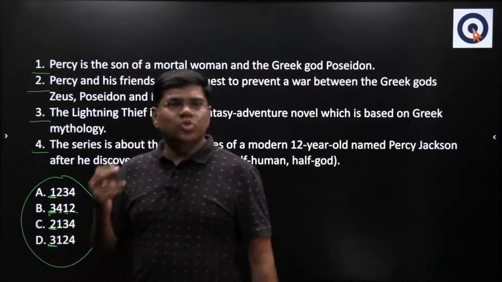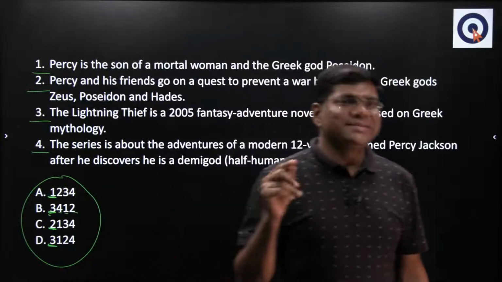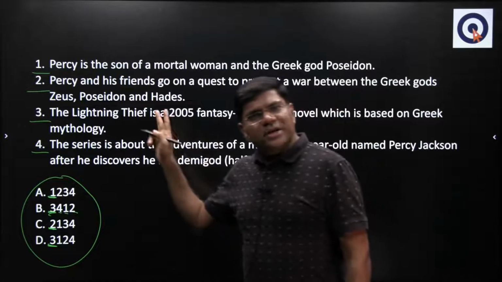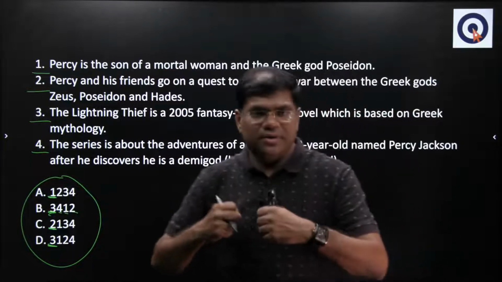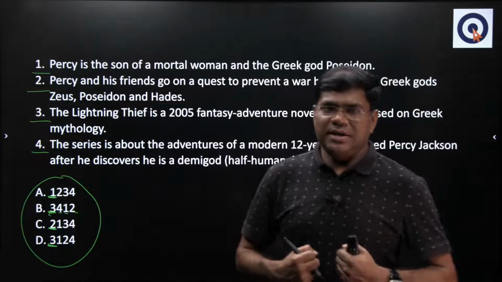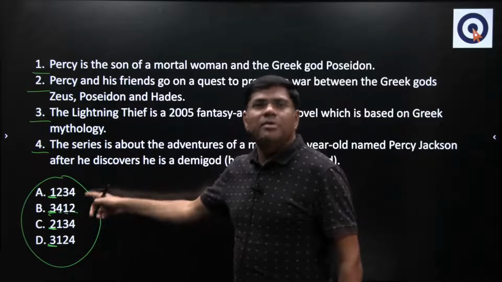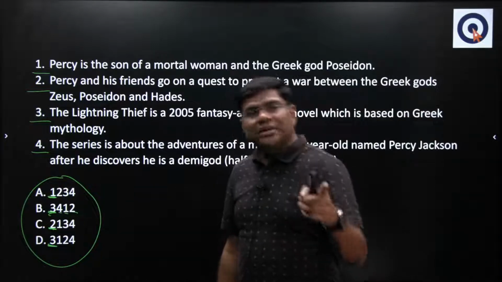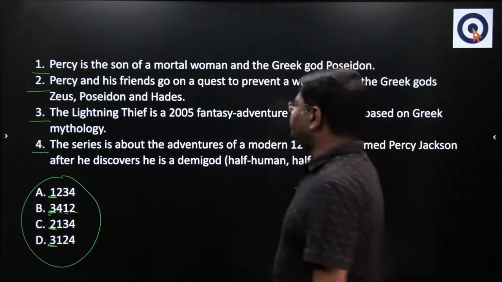That means which two sentences will definitely come together, as a unit. They cannot be separated. If you can find two such sentences which will be a unit, and that unit is there only in maybe one or two options, you can arrive at the answer in a shorter amount of time, right?